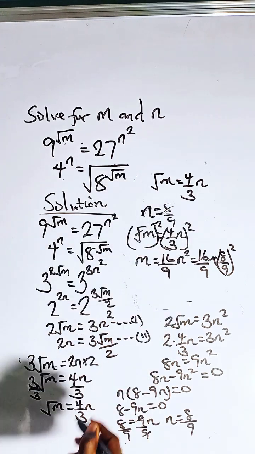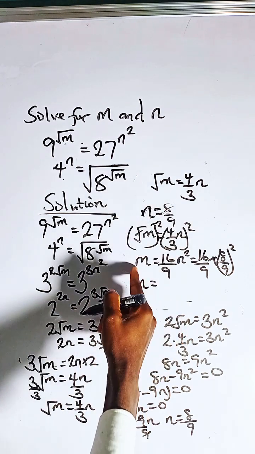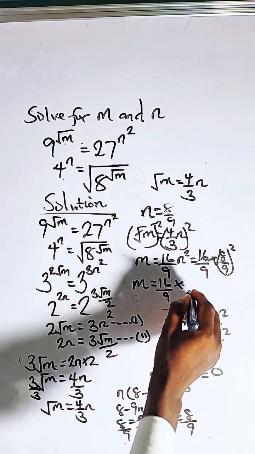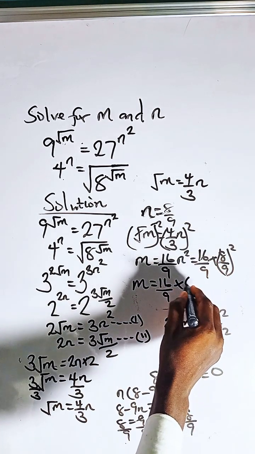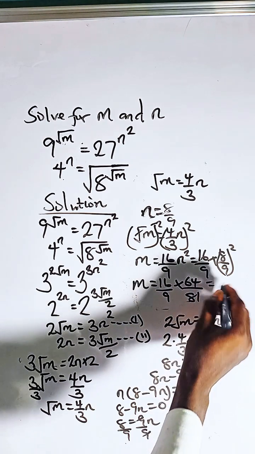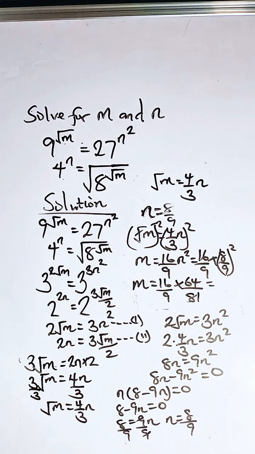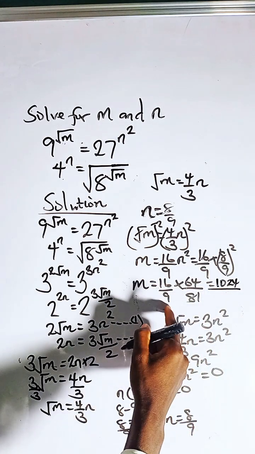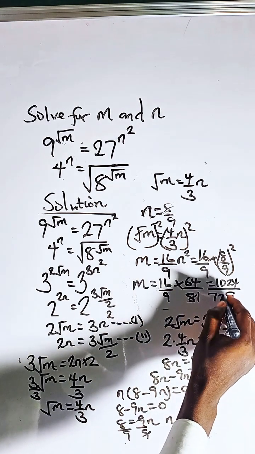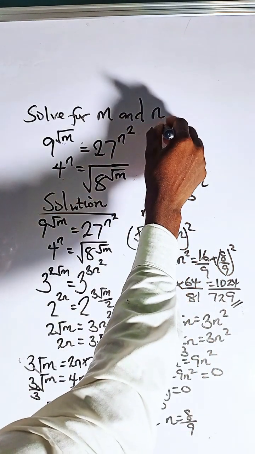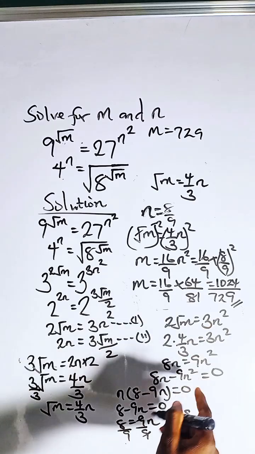So how do we get the value of m? We have 16 over 9 times the square of 8, which is 8 times 8, that is 64, over the square of 9, which is 9 times 9, that is 81. Next we multiply 16 times 64, which gives us 1024, and we multiply 9 times 81, which gives us 729.